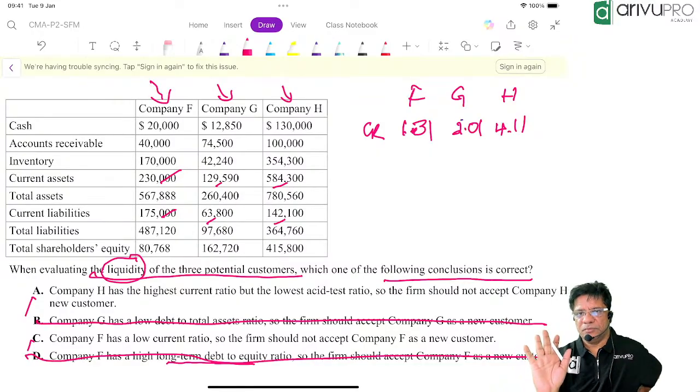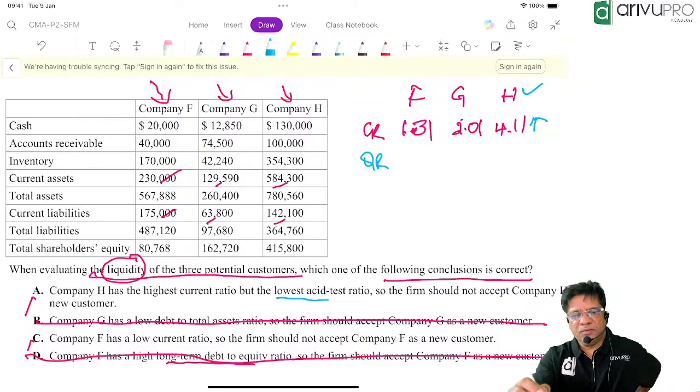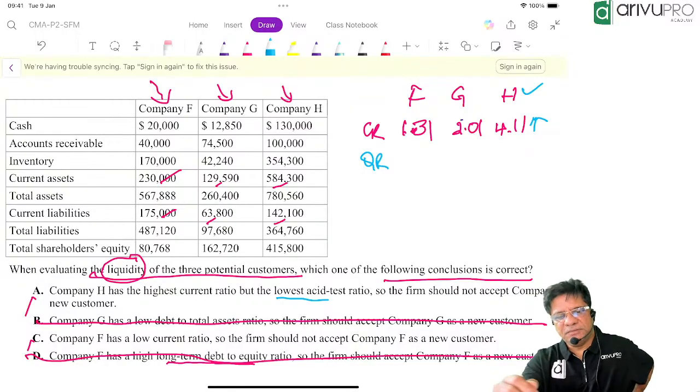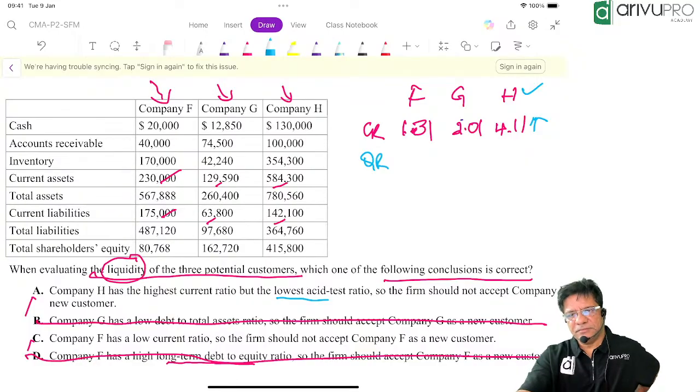Okay, now listen. A is telling company H has a high current ratio, but the lowest asset; let's calculate the quick ratio. Quick ratio is except inventory, right? 20 plus 40, 60. 60 divided by 175 is 0.3.